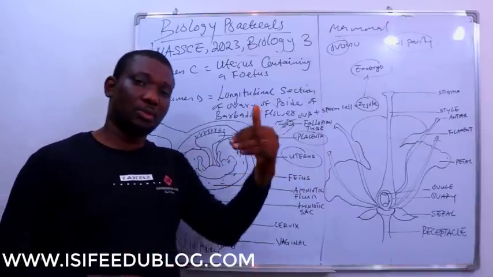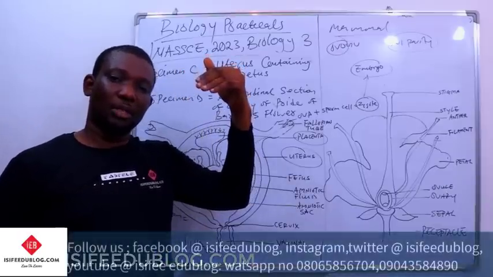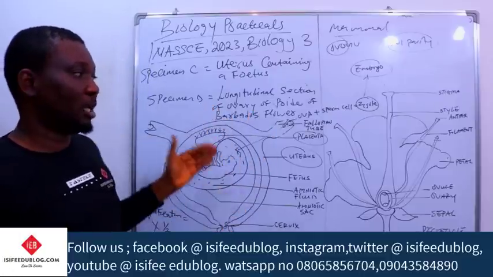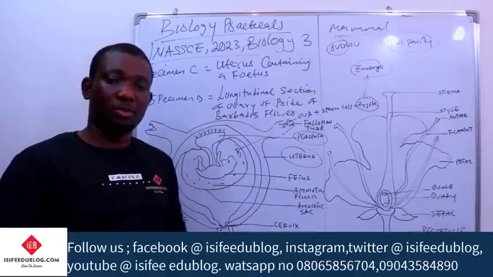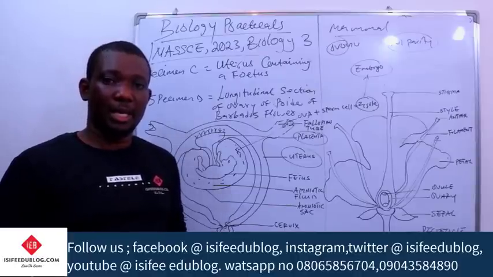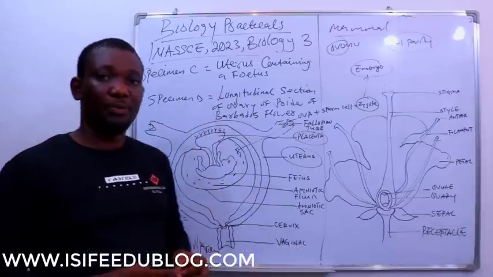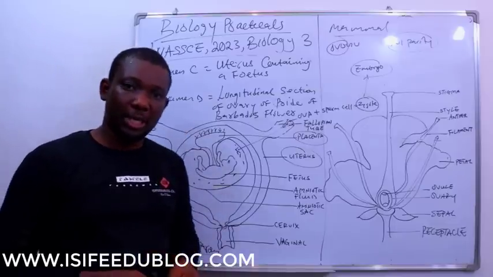So if you're going down from fish to birds and then to mammals, the mortality rate is now decreasing. So when you come to birds, they lay eggs, but the number of eggs is very few. Birds, specimen B, lay few eggs, and specimen C now does not lay egg.